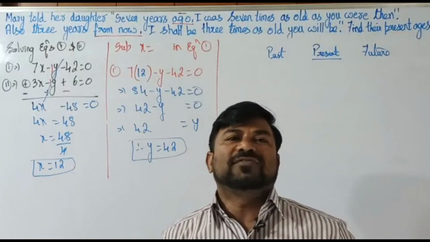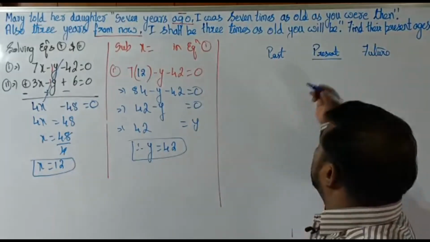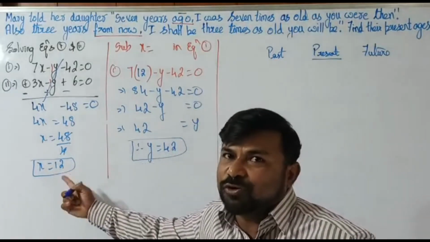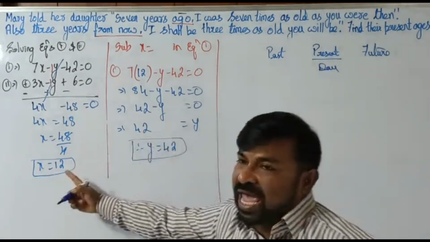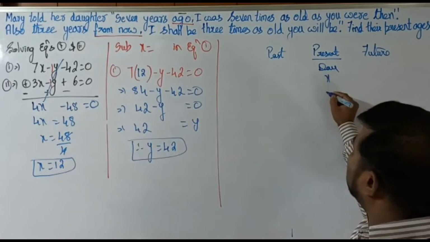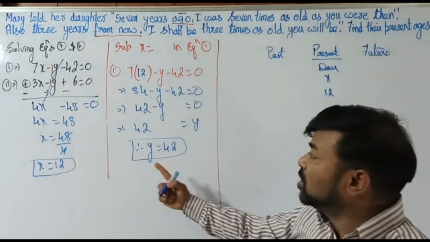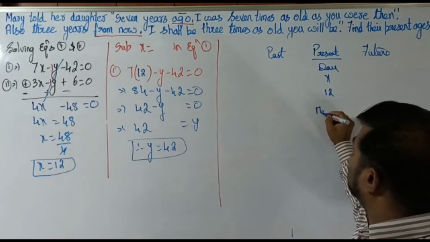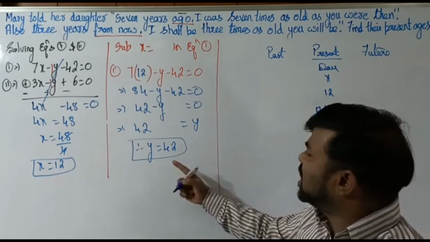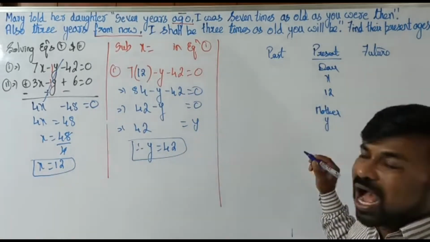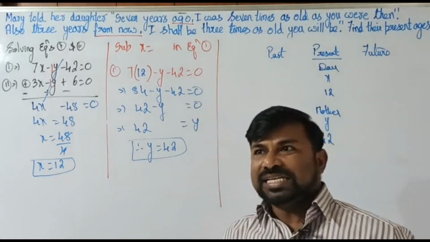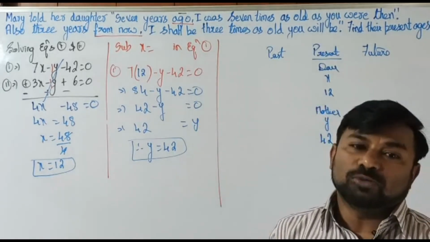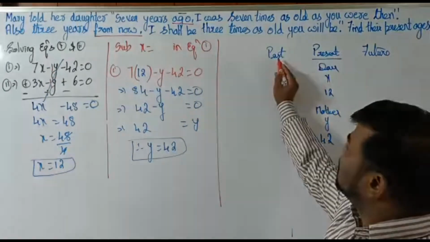Let's go with the verification. What he says, present age of daughter, we are calling it x, and we are taking it as 12. Present age of mother, we call it y, and we are taking it as 42. Fine. We got the ages, but we have to verify the relation. What he says, past.